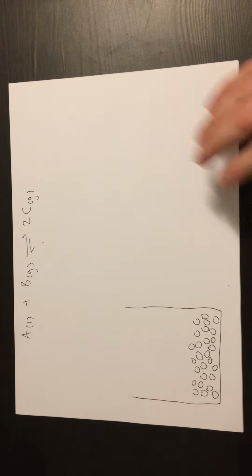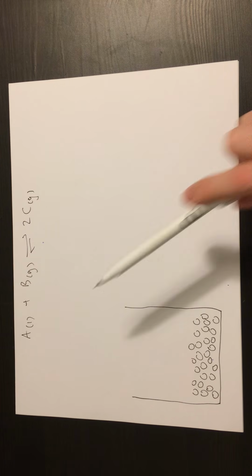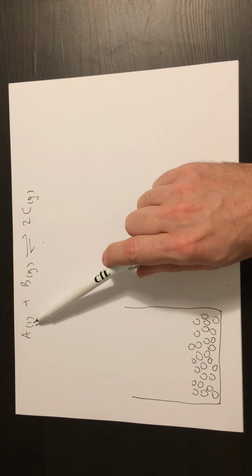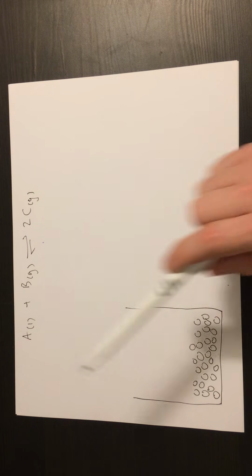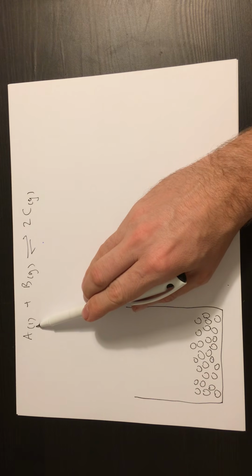Okay, and very, very finally, so first rule, don't include solids. Second rule, don't include water if your other chemicals are aqueous. The third rule is if you have a pure liquid, and what I mean by that is one of your chemicals is a liquid, but there are no other liquids, then we're not going to include the concentration of that chemical either.